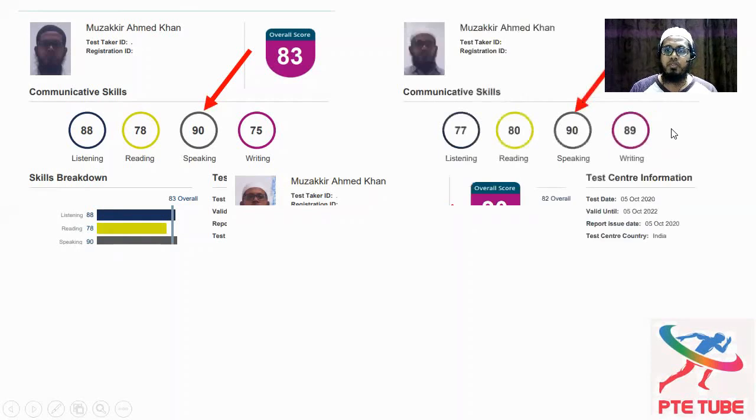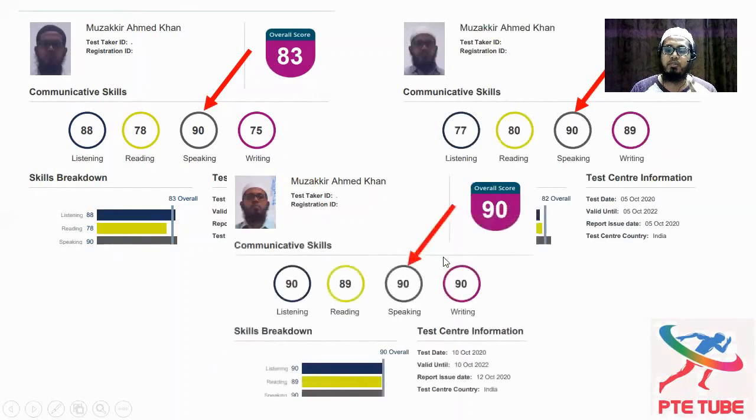And the next attempt, the speaking is 90. And the next attempt, this is my final attempt, again the speaking score is 90. There is another score report which I couldn't put over here. In it as well, I got speaking 90. There is a consistency in all the tests which I gave in the latest duration, that is in 2020.